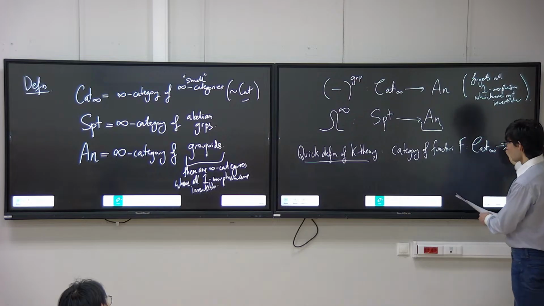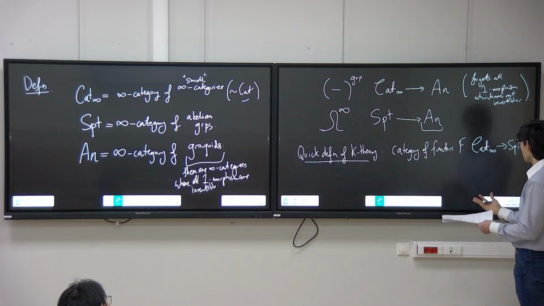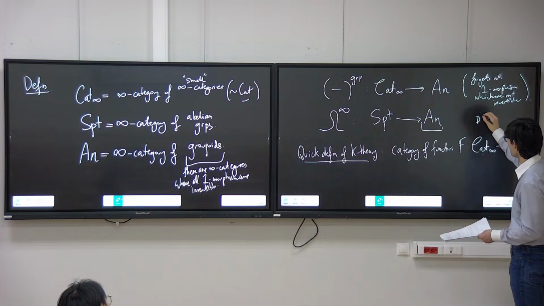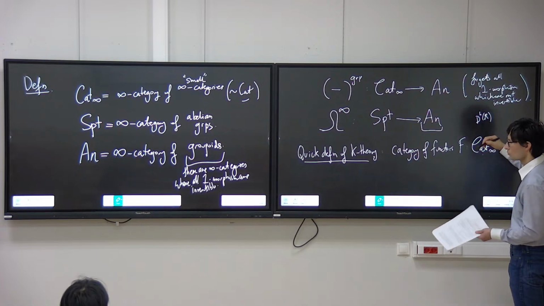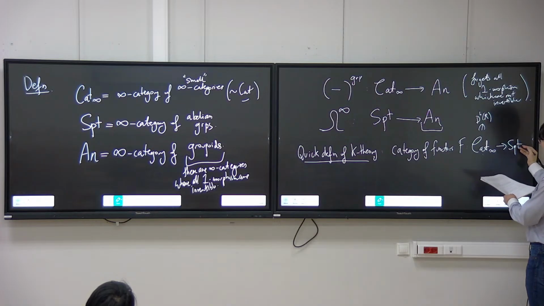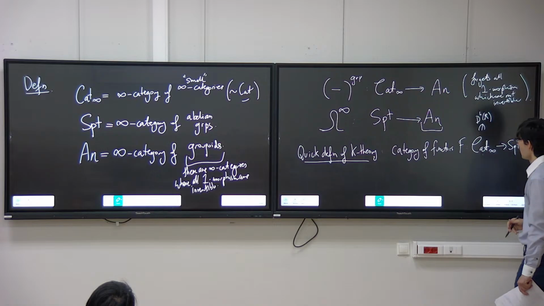So some abelian, K-theory, you expect it to be an abelian group. So for every kind of nice category, in particular think of D^b(R), which is what we've been talking about, you should be able to get some kind of nice abelian group, which should lie in spectra.